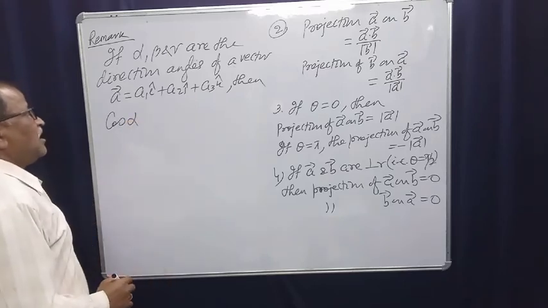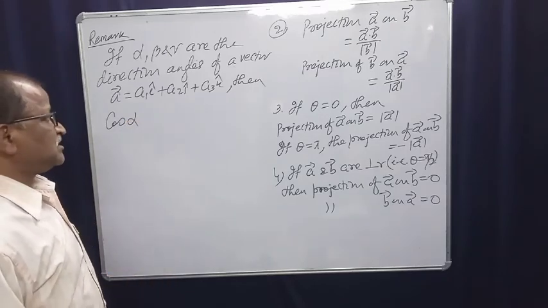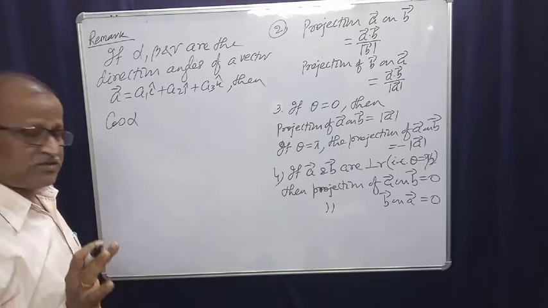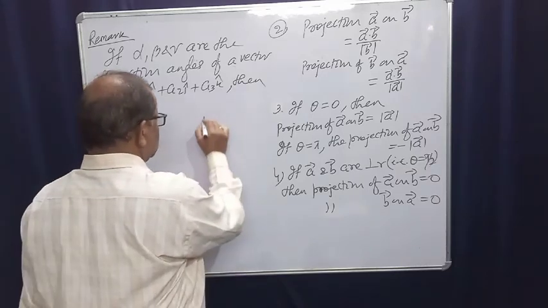Alpha, beta, gamma are the direction angles of a vector. Vector A is given.